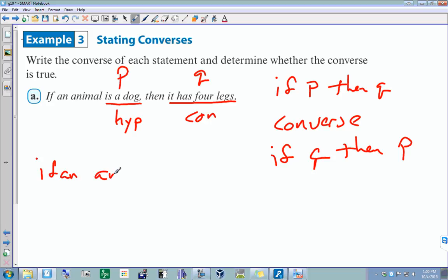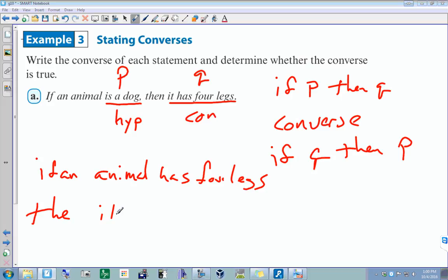So for this one, it would be if an animal has 4 legs, then it is a dog. Is this true?